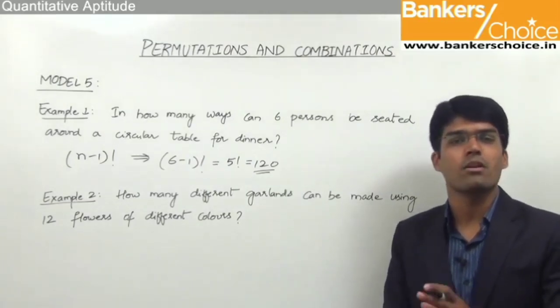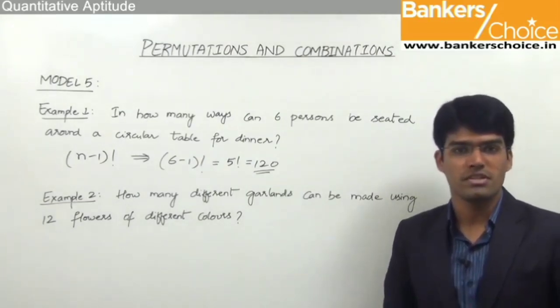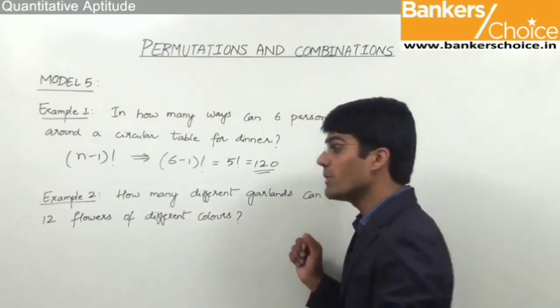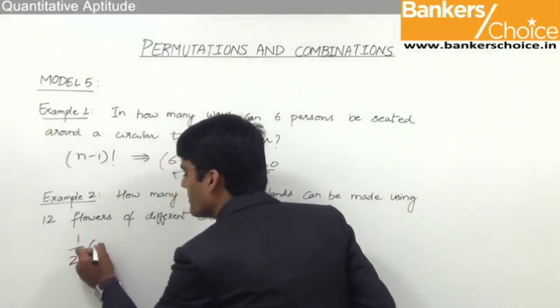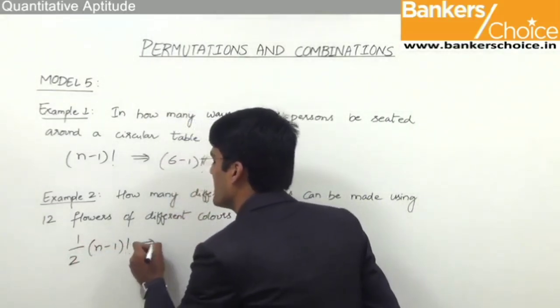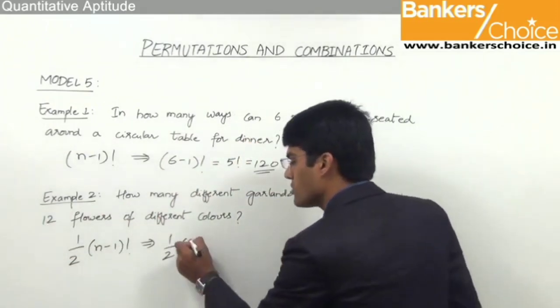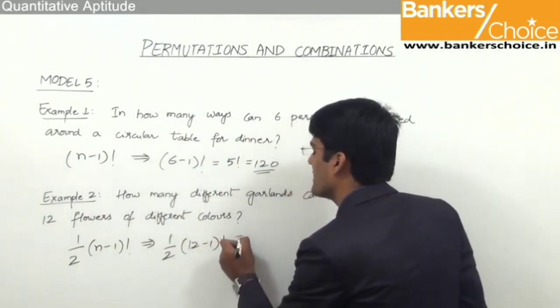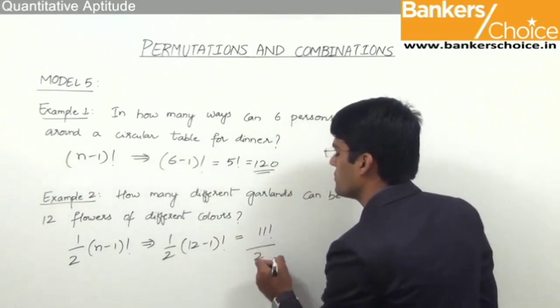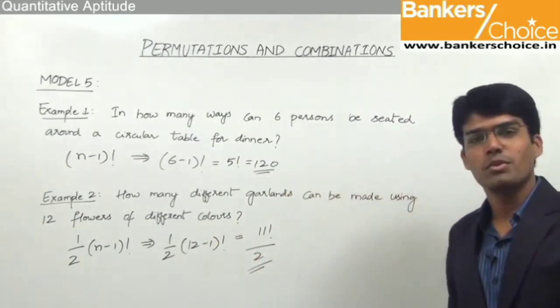The clockwise and anti-clockwise arrangements are not distinguished from each other, and hence the answer here should be taken as half of n minus 1 factorial. So it can be taken as half of, n is nothing but 12 different flowers here. So 12 minus 1 factorial, that is nothing but 11 factorial by 2. So that's the answer for example number 2 here.